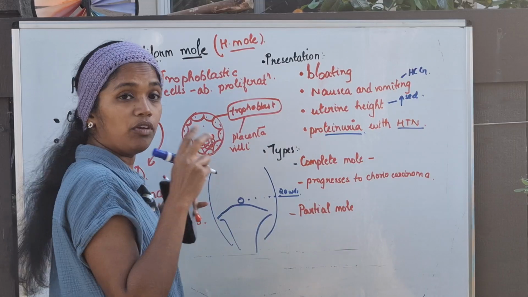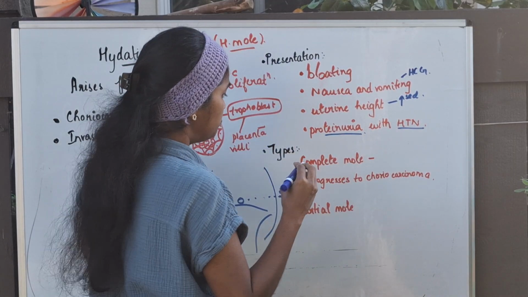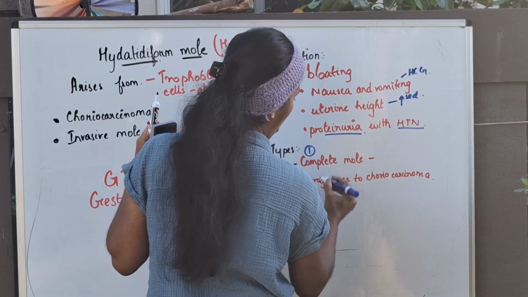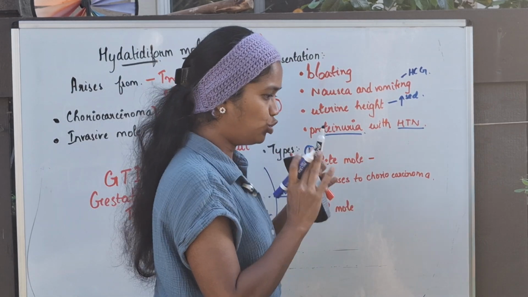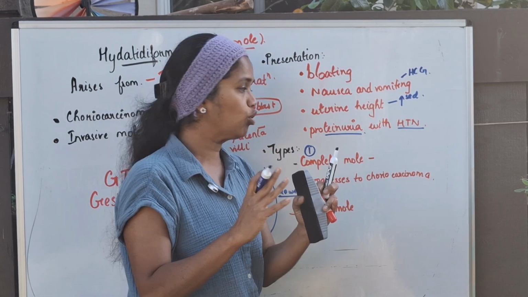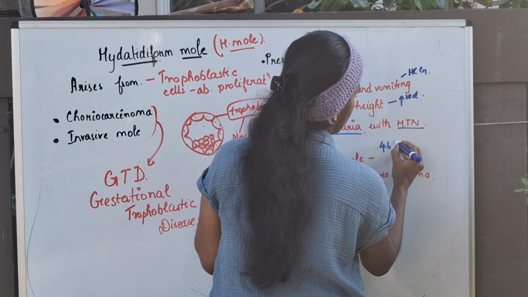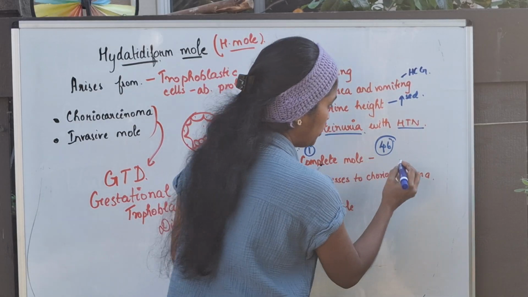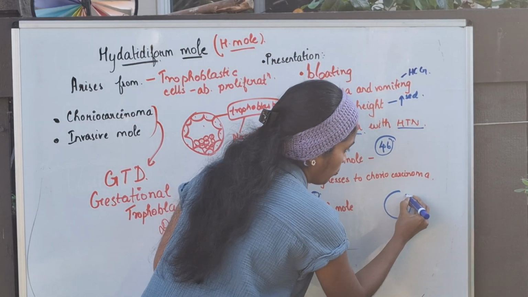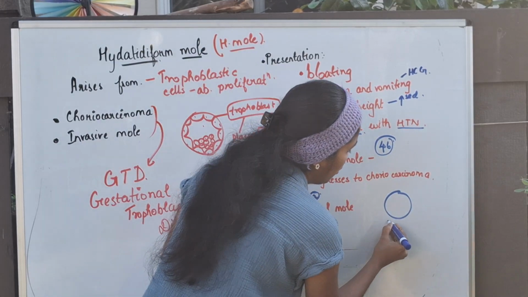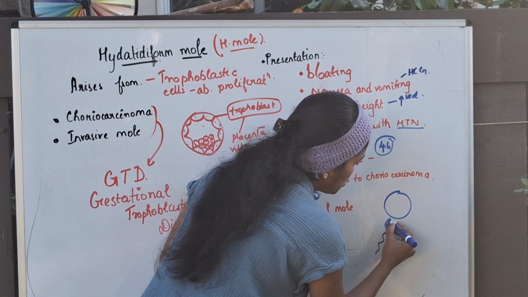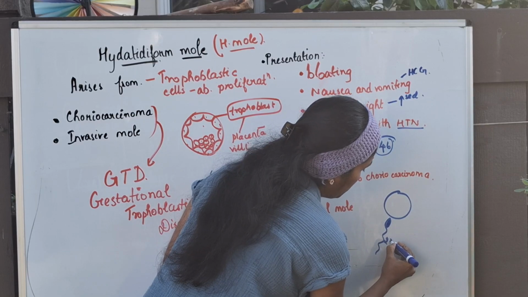This mole can present in two types. Either it can be a complete mole or a partial mole. So what is a complete mole? You should remember, the normal set of chromosomes is 46. The complete mole has an empty ovum. The ovum will not contain any DNA, nothing inside, and it will be fertilized by a sperm, which will be 23.